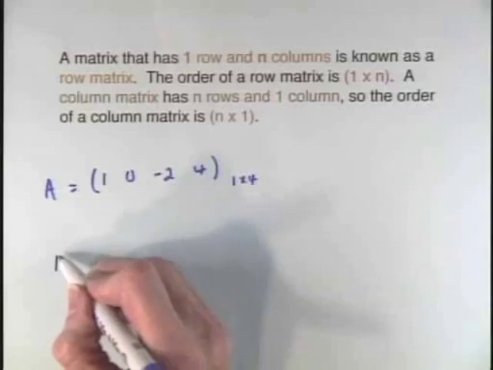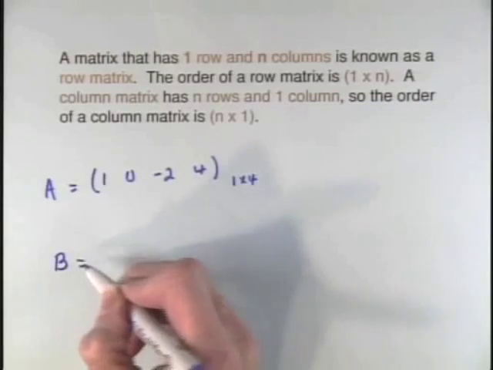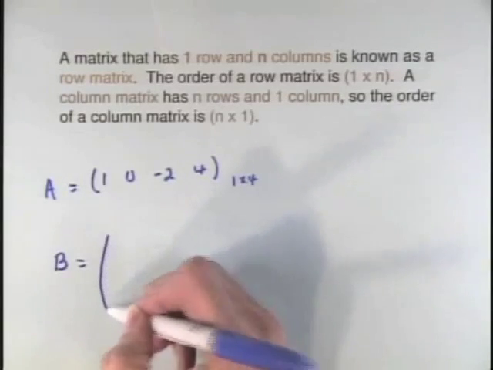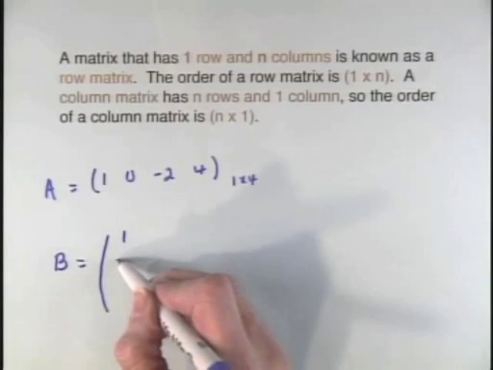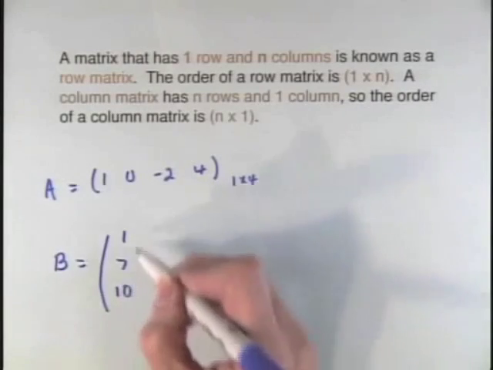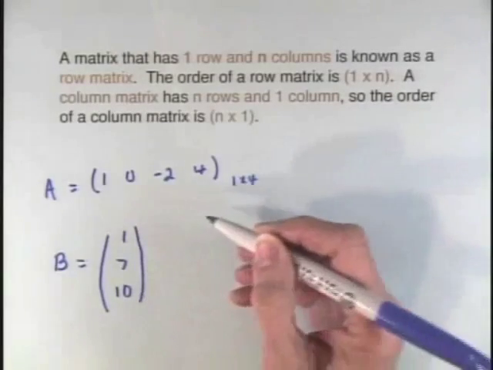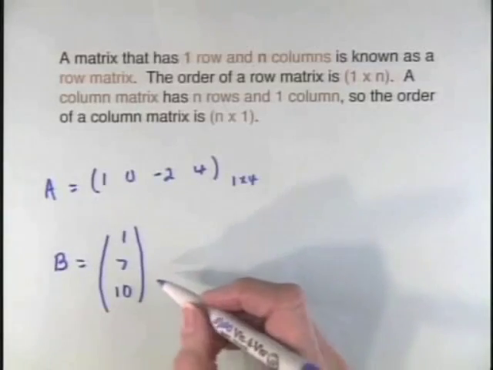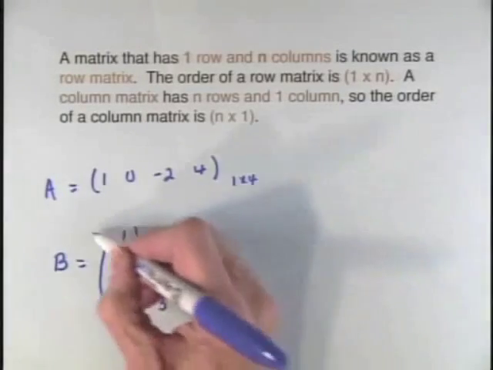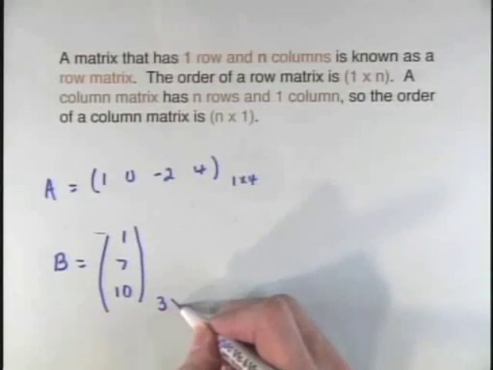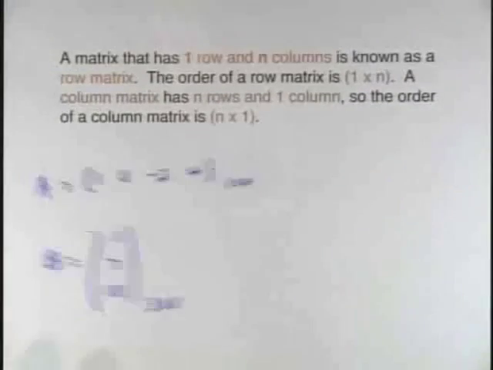Matrix B equal to, parenthesis, 1, 7, 10 is a column matrix with order 3, because it has 3 rows, by 1, because it has 1 column.